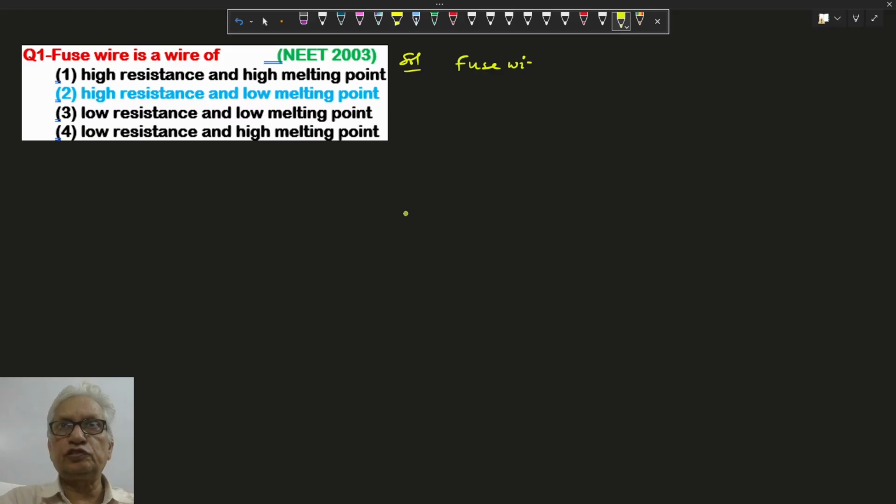We know fuse wire is a protective device. It melts when the current in the circuit is more than the rated value.